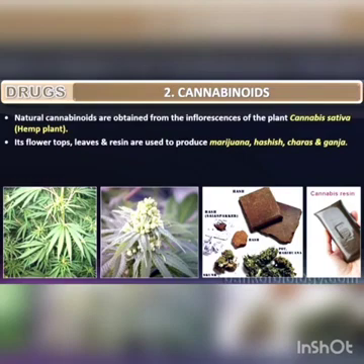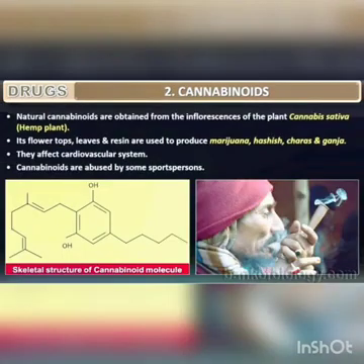Its flower tops, leaves, and resin are used to produce marijuana, hashish, charas, and ganja. They affect the cardiovascular system. Cannabinoids are abused by some sportspersons.